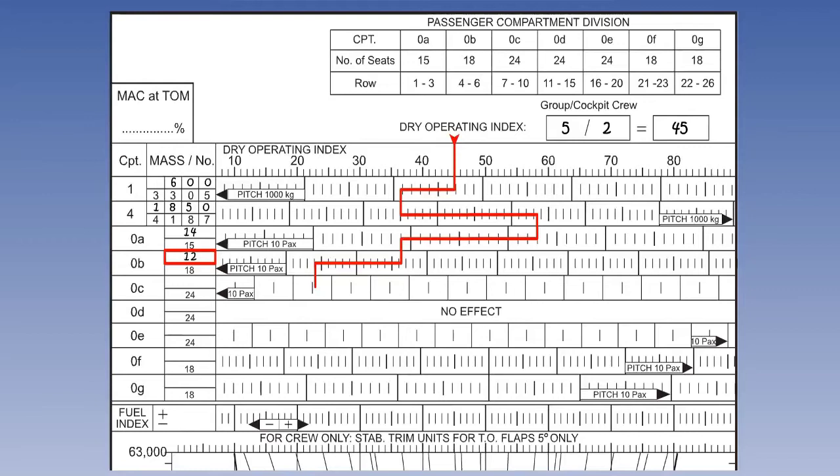This brings us to OB, and entering 12 in the box, we move from the vertical line left 12 units and drop a vertical line to the box below. In compartment OC, enter 24 and from the vertical line move left 2.4 units and drop a vertical line to box OE, passing through the box OD, which has no effect on the centre of gravity.